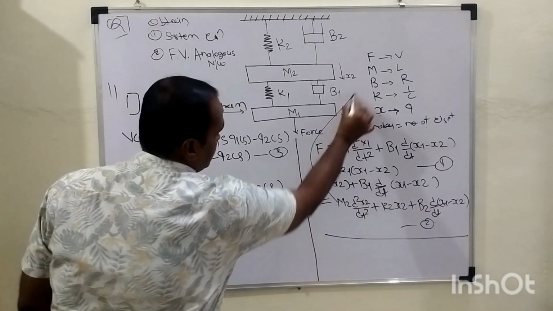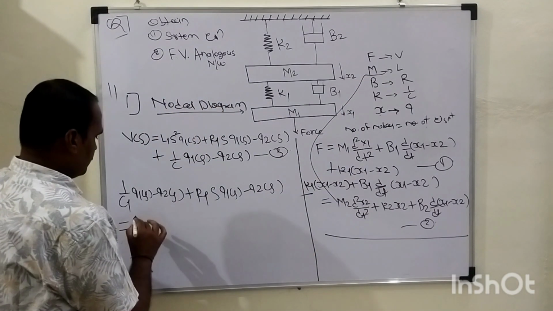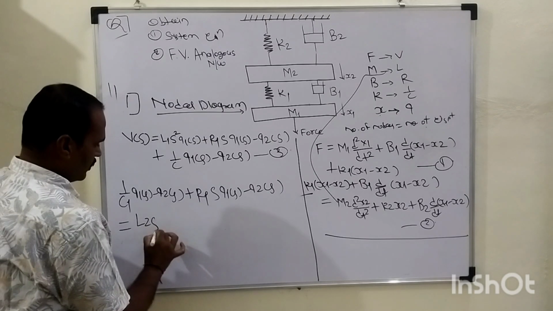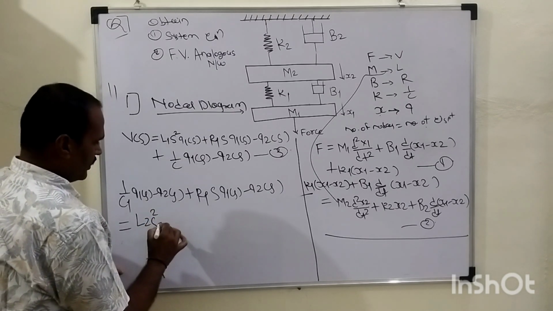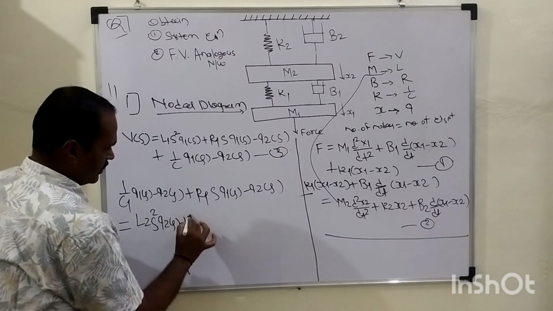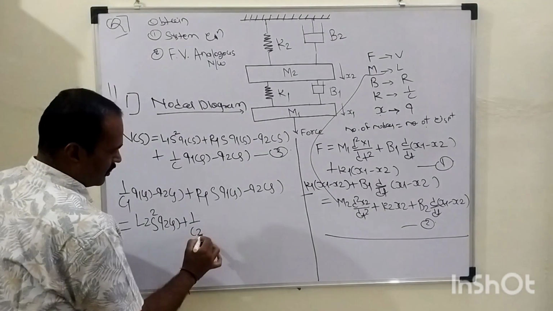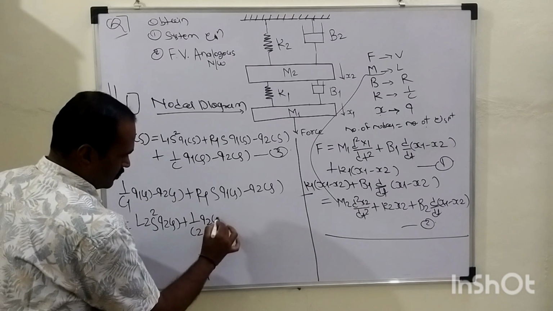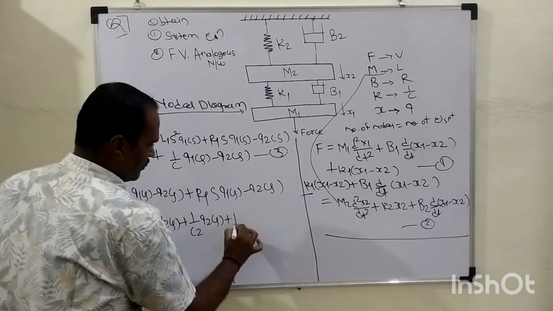M is analogous to L, so it will become L2 into second order differentiation, so S square into Q2 of S plus K is nothing but 1 over C2 into Q2 of S plus B is nothing but what?